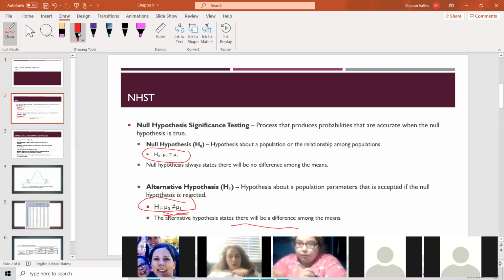And I'm not sure if that's exactly what you were asking, but you know, you'd like to say whether there's truly a difference between fingerprints, or like I said with the potato chips, or will this exercise program really cause somebody to lose weight? So does that answer your question?